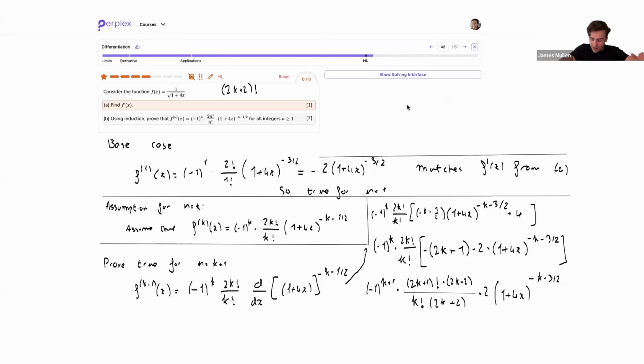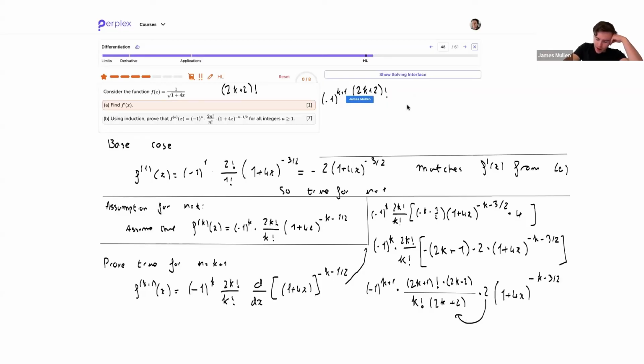Okay, so the next step is I'm going to take this 2 and multiply it by the 2k. Well, I have a 2k plus 2 in the denominator and a 2 in the numerator, so I can cancel that and say the 2k plus 2 in the denominator becomes k plus 1. So now in the numerator, I have 2k plus 2 factorial. Let's not forget that I have minus 1 to the k plus 1 in front.